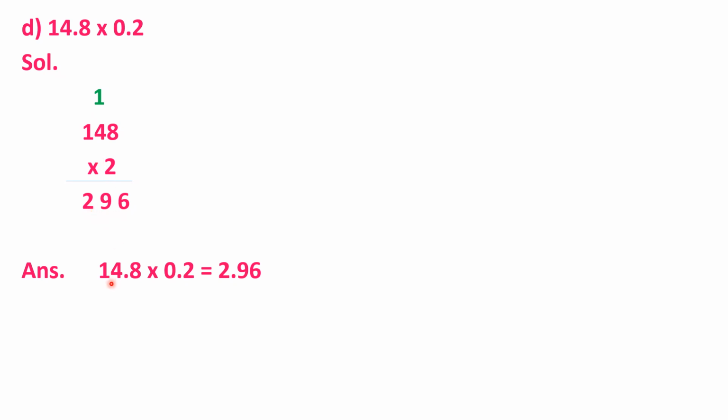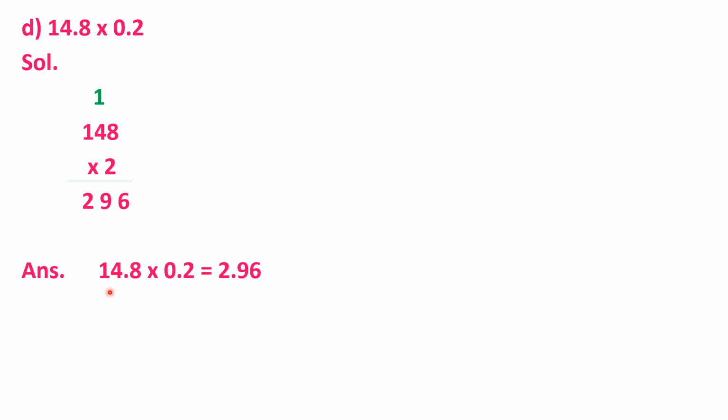Now you see here 14.8 is multiplied by 0.2. Now what we have to do? We have to count the number of digits in both the numbers towards the right hand side of the decimal. In the first number, that is 14.8, we have only one digit after the decimal point, that is toward the right hand side. And in the second number also we have only one digit to the right hand side of the decimal point.